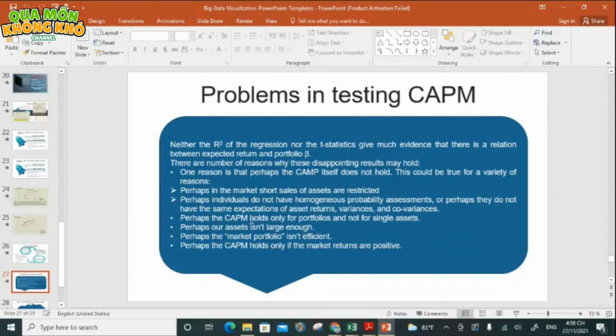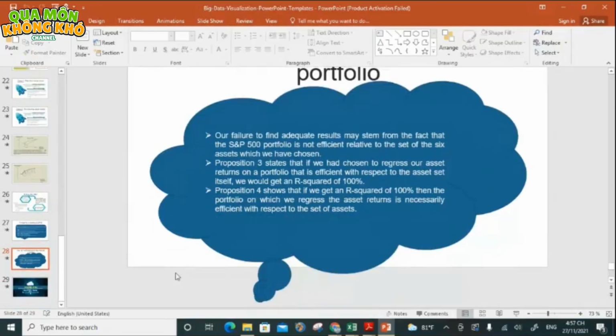And the capital asset pricing model holds only for portfolios and not for a single asset. And perhaps our assets aren't large enough, or the market portfolio isn't efficient, as in our example, the S&P 500 index isn't efficient. And the capital asset pricing model holds only if the market returns are positive.